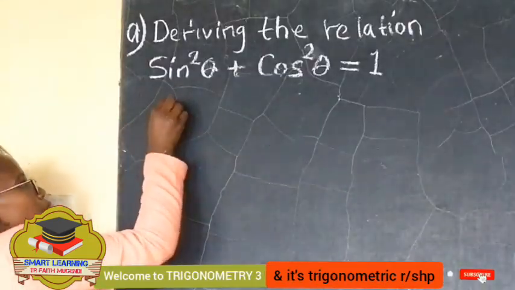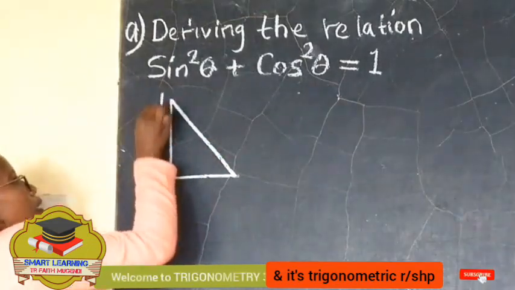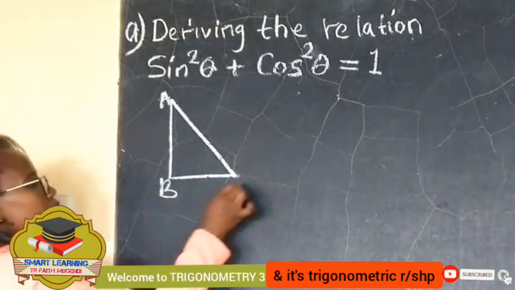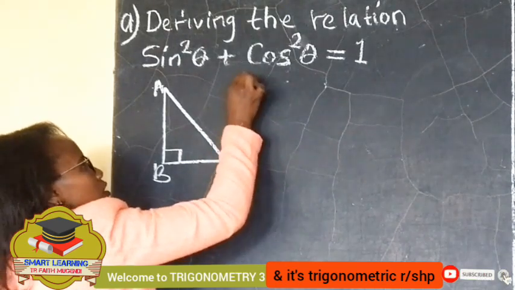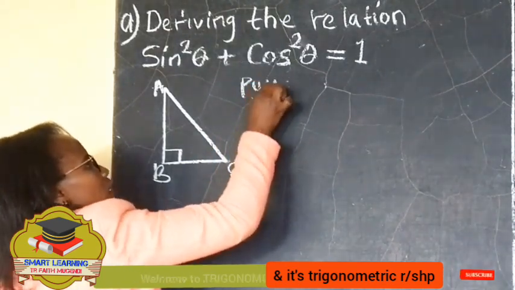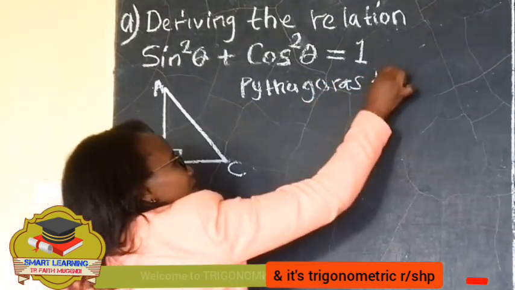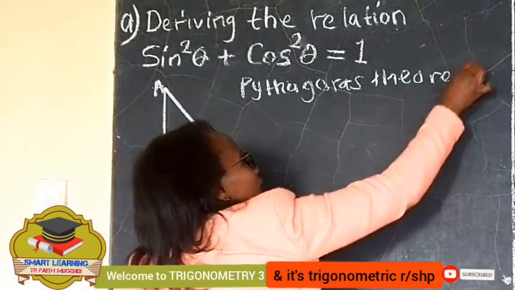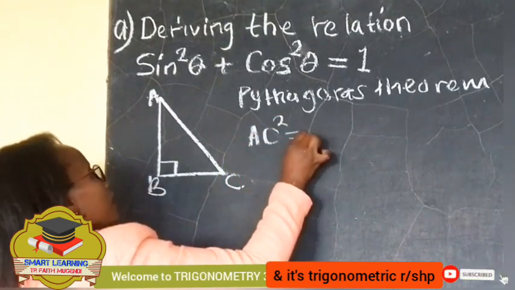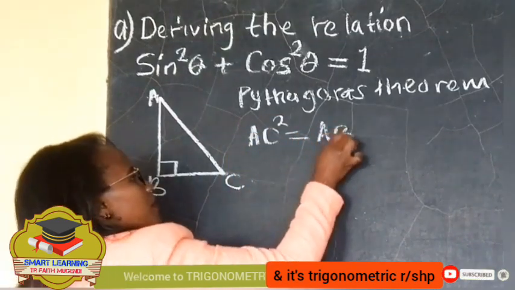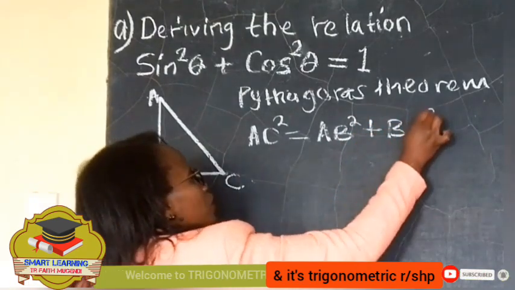If you consider a right angled triangle A, B, C, we say that using the Pythagoras theorem, AC squared equals AB squared plus BC squared.